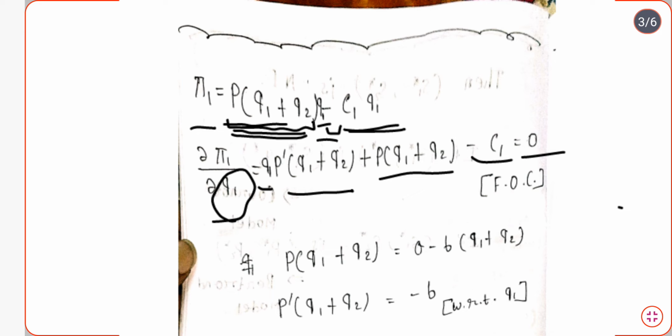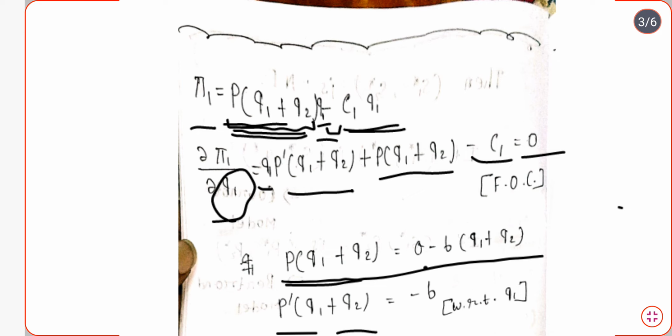Now this is our linear demand function faced by the market, and if we differentiate it with respect to Q1, it comes out as P'(Q1 + Q2).